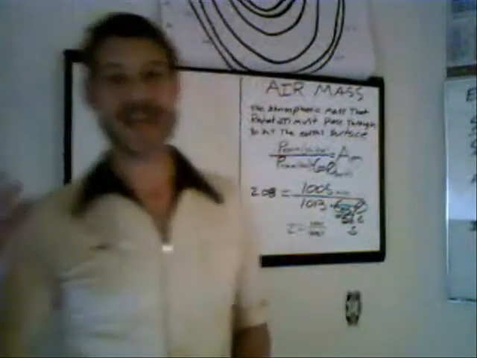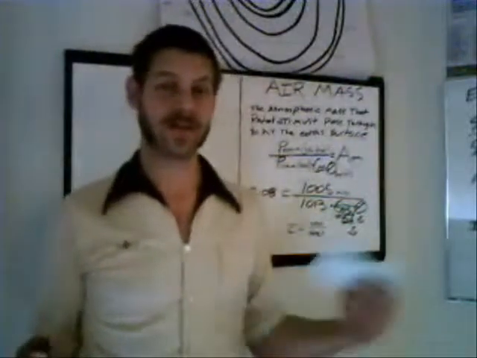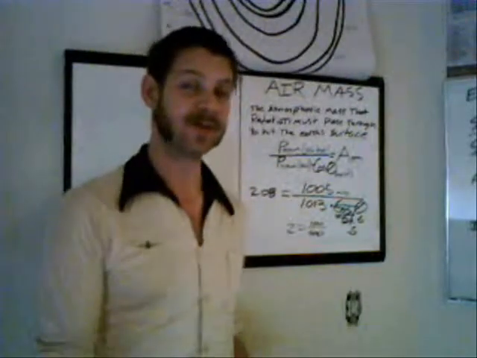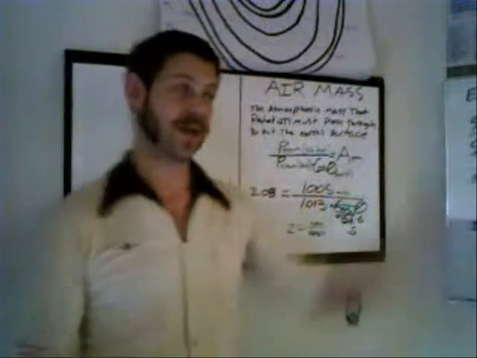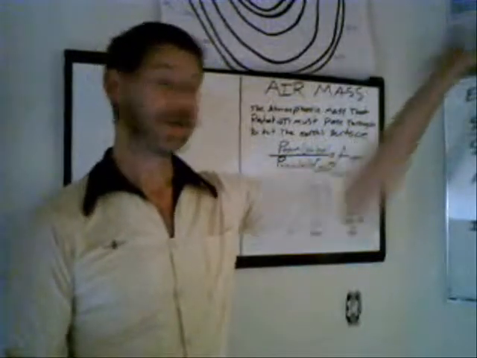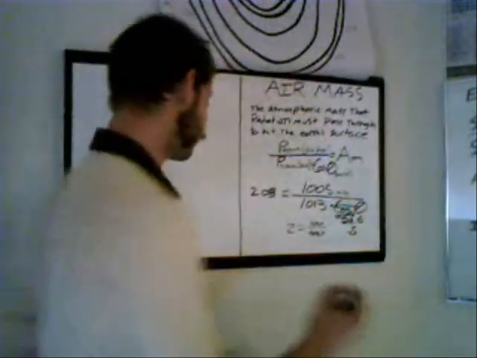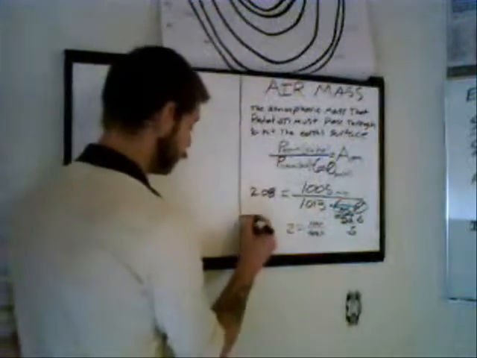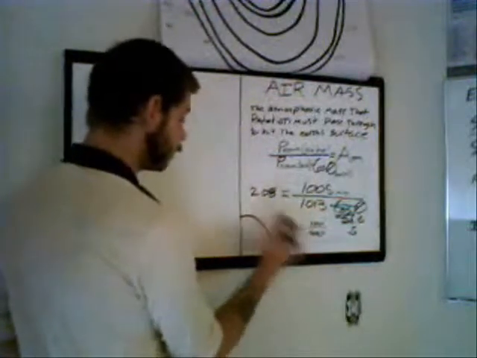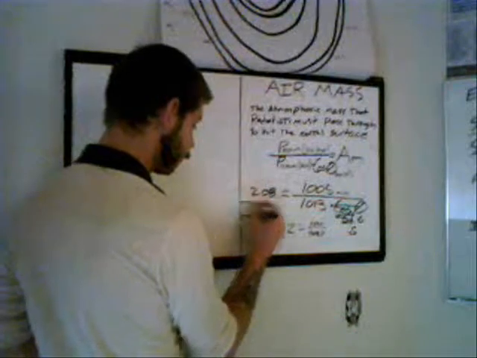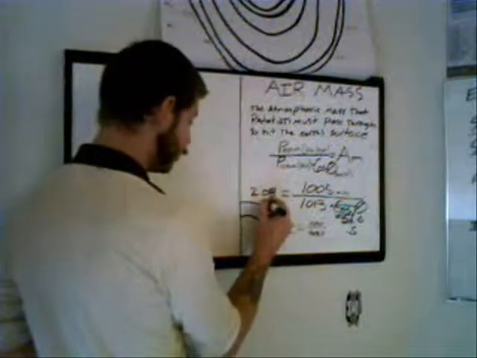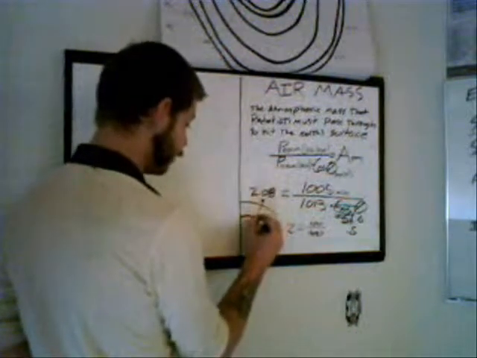And that is the actual mass of air that the radiation has to go through to hit the ground right now, because the angle of the sun is low in the sky. Draw a little picture of this. When the sun is directly overhead, it goes straight through and hits the Earth's surface.